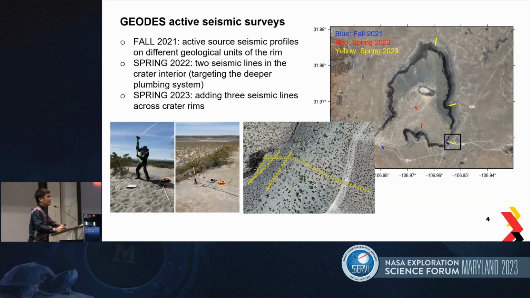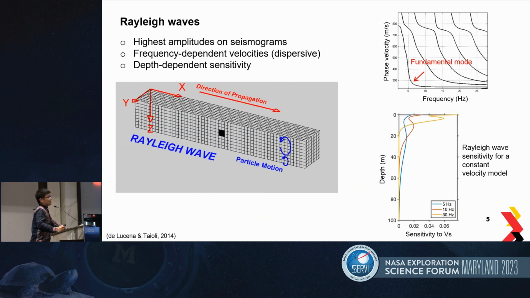The seismic data are collected with GPR, magnetic, and LiDAR. A seismic source, for example, the hammer shot, generates seismic waves that travel within the subsurface and along the surface. The Rayleigh wave is one of the principal surface waves.